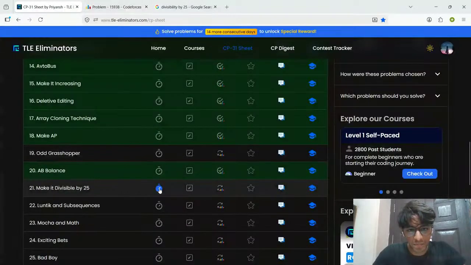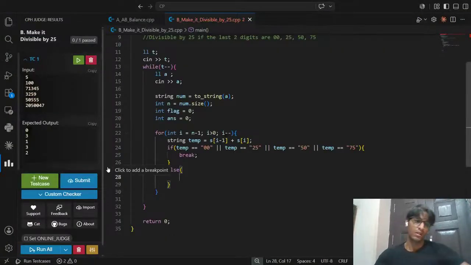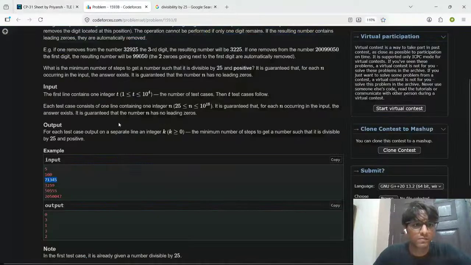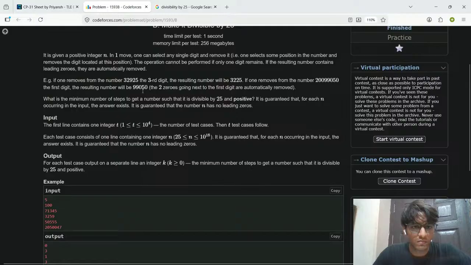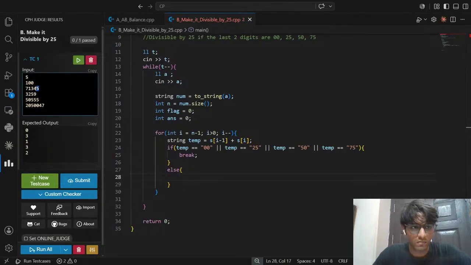Is there any hint? It doesn't work. One, it doesn't work.